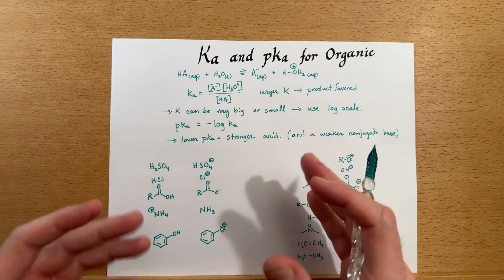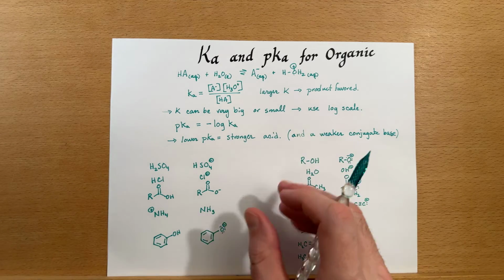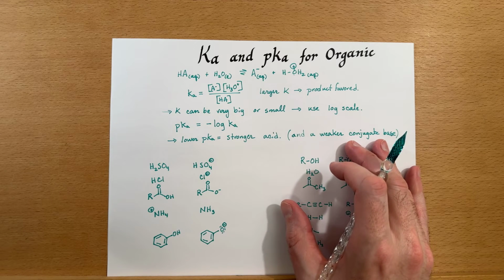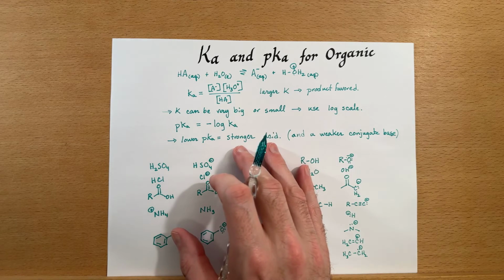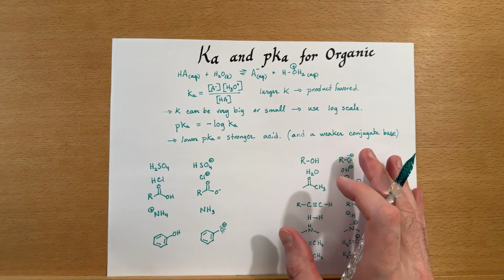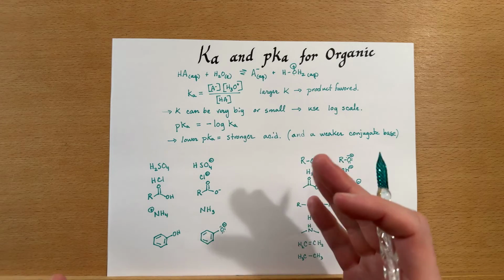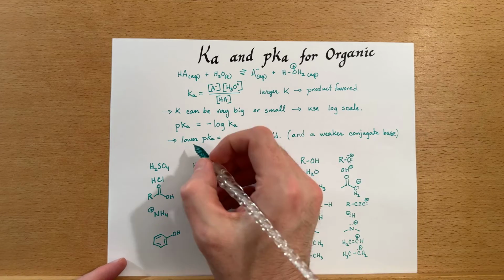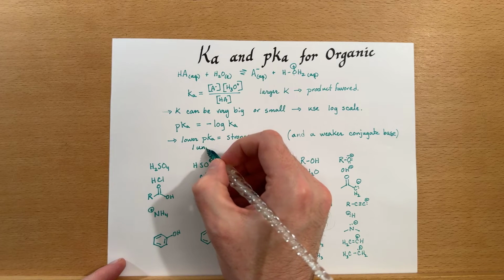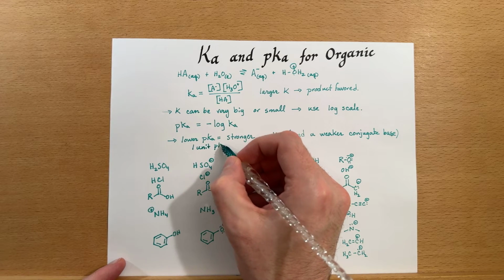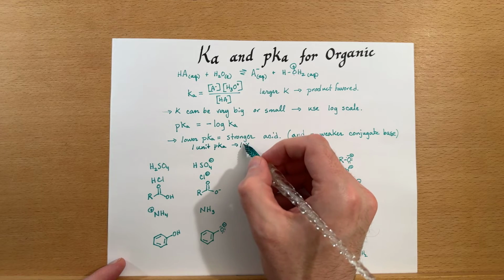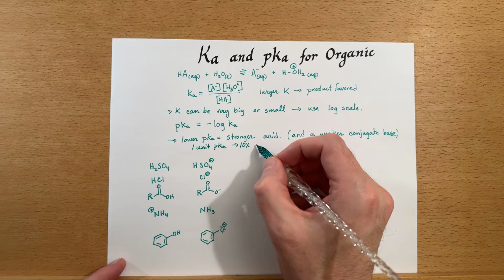So those go kind of hand in hand, but they're opposite of each other, right? So stronger acid, weak conjugate base, weak acid, strong conjugate base. All right. And because of the logarithmic scale, if we change 1 unit in the pKa, that's a 10 times change in the strength.